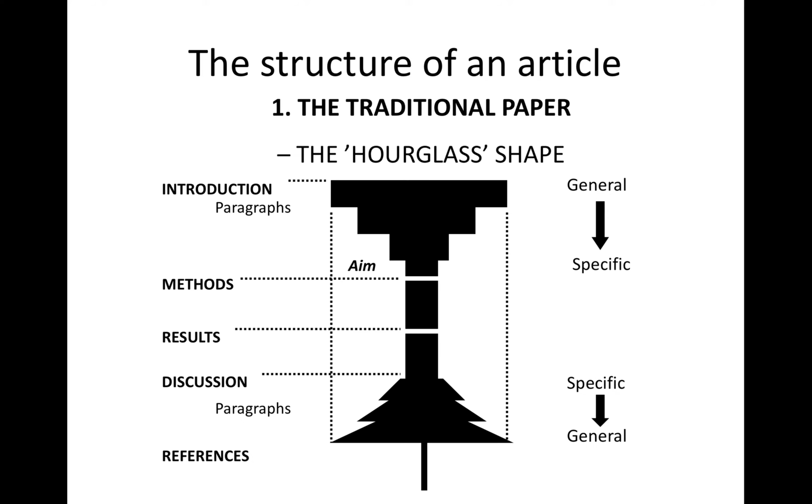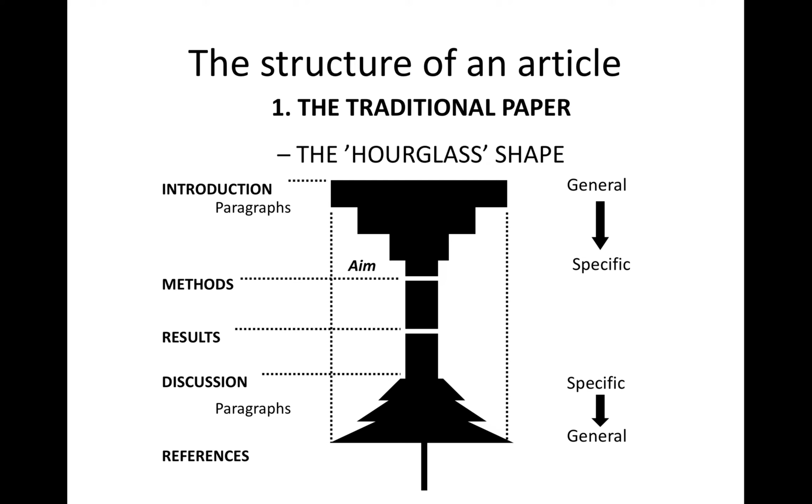When thinking about reading scientific articles, one of the first things that is good to know is the general structure of a research article. Most papers, the traditional research papers, consist of five different parts: an introduction, a method section, a results section, a discussion section, and a reference section.